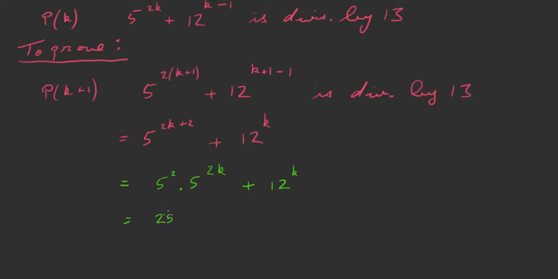That will just give us 25 times 5 to the power of 2k plus 12 to the power of k. Okay, so we want to see if this is divisible by 13. Now let's have a look.